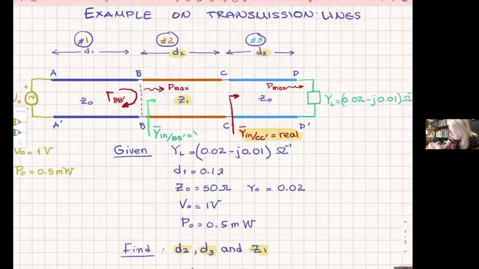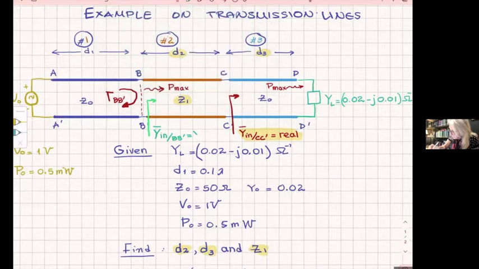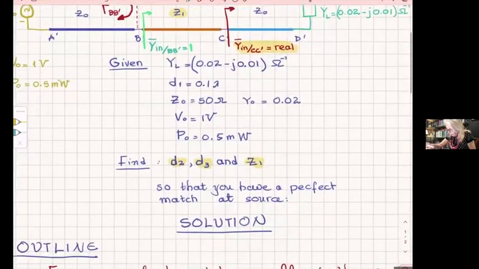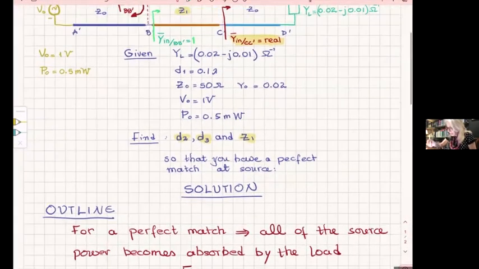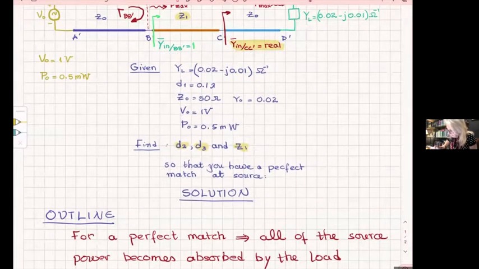Practically I can make it 1 normalized. All right, so I'll leave a little bit of space to see.